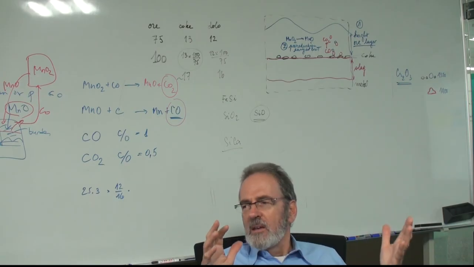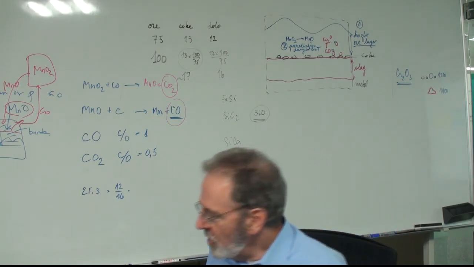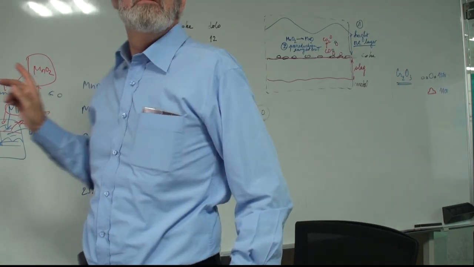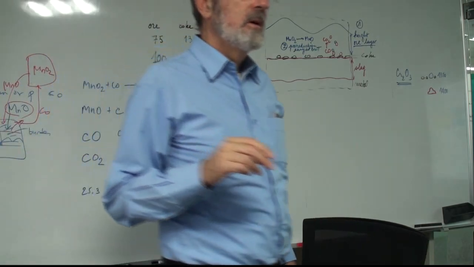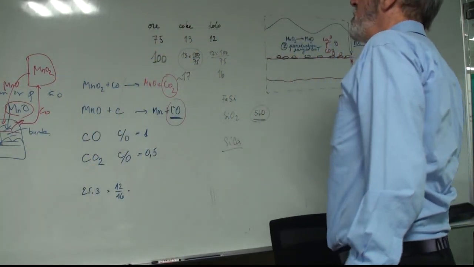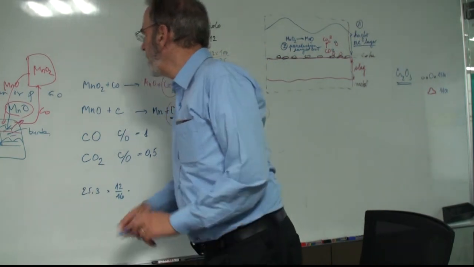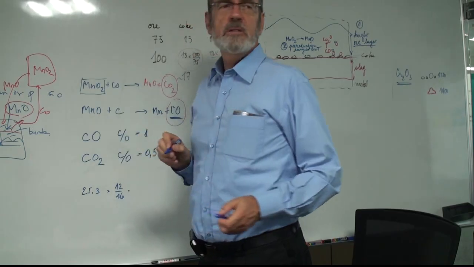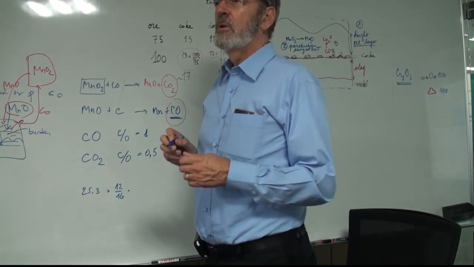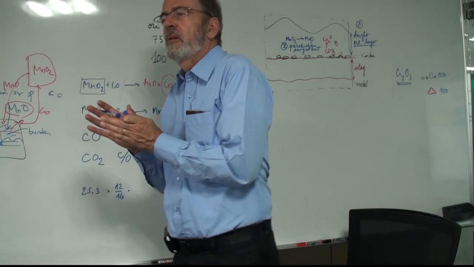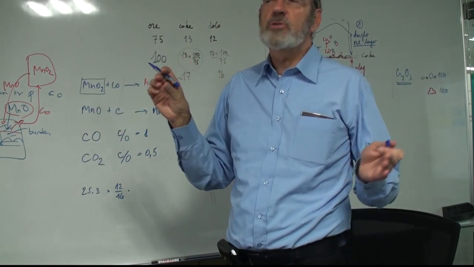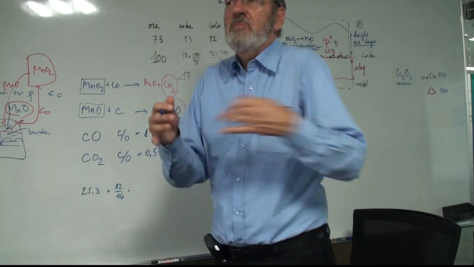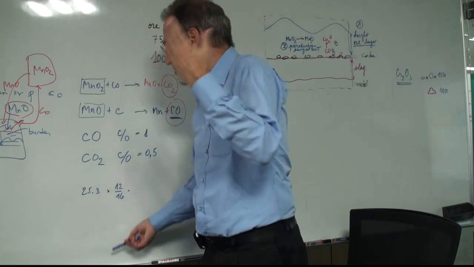One reason could be that in the ore you have not only MnO2, but you have also MnO. You understand? In the ore, we assume that all the ore is MnO2. Maybe there is already some proportion of manganese in the form of MnO. This may be an explanation. Maybe there are other explanations.